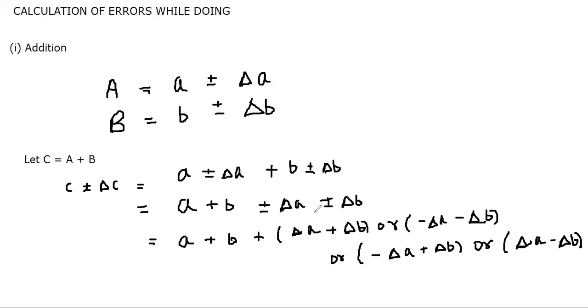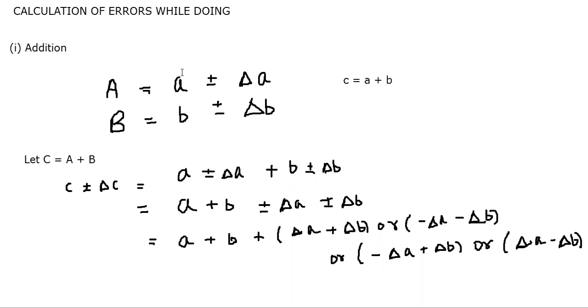Now, if you compare, the value of C would be equal to a plus b. What does this mean? If you're adding these quantities A plus B, the true part of C, that is the answer, would be found by adding the true parts of both the quantities.